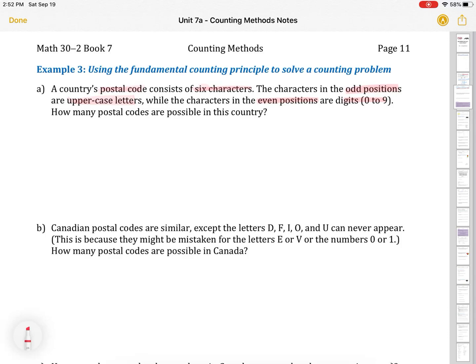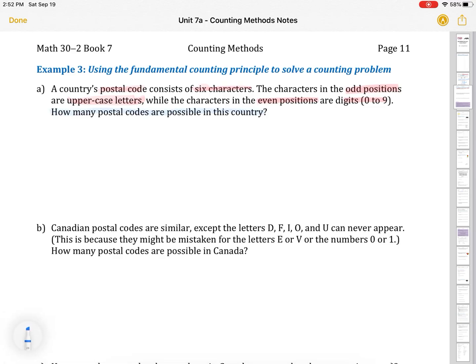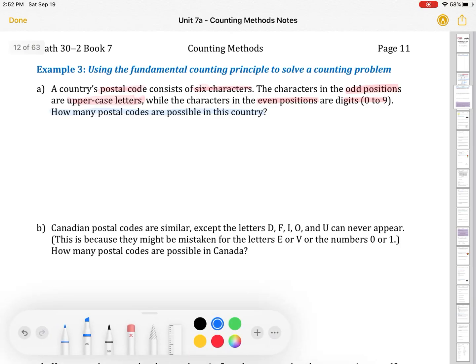So my postal code is T5X 5N7, so it goes letter, number, letter, number, letter, number. The odd positions are uppercase letters, and the even ones are digits, 0 to 9. From that, how many postal codes are possible in this country?